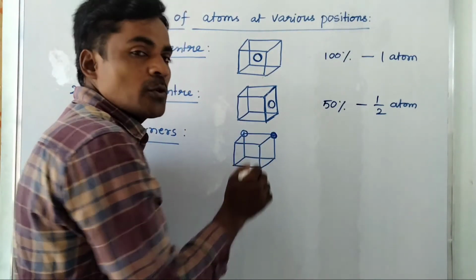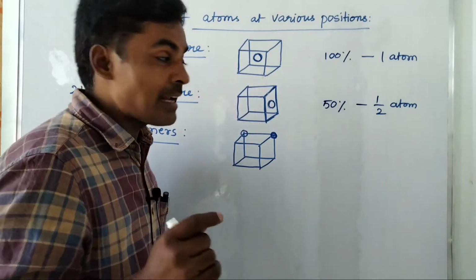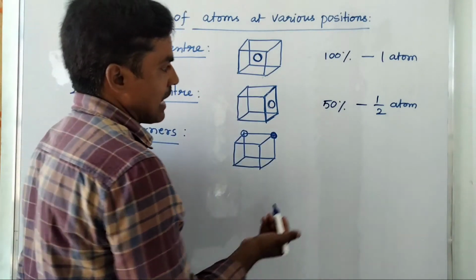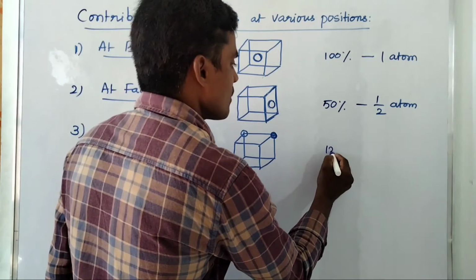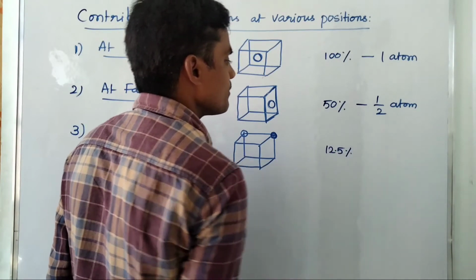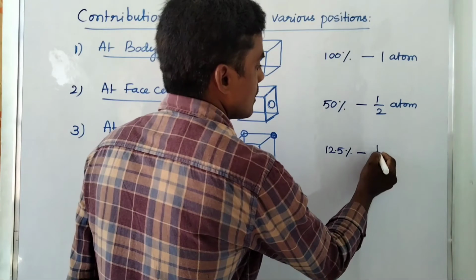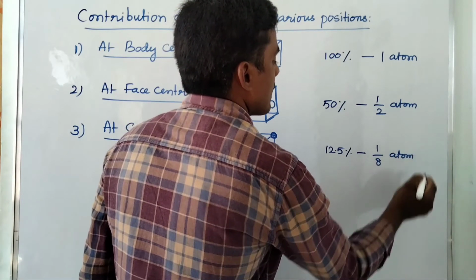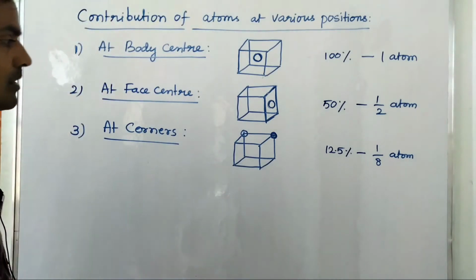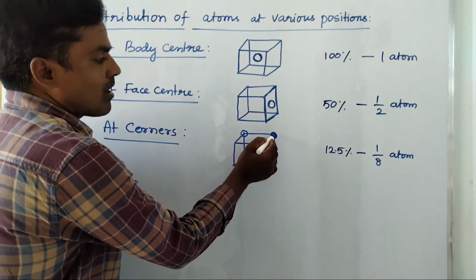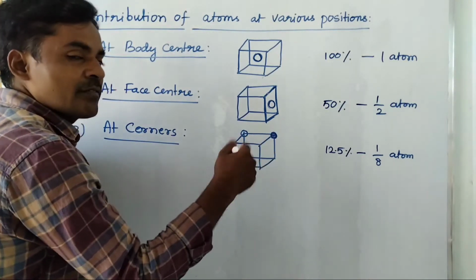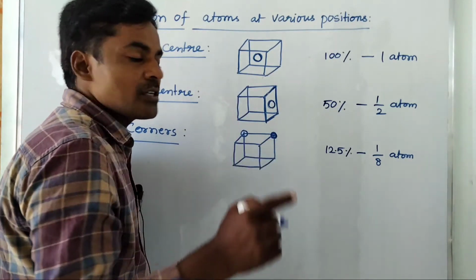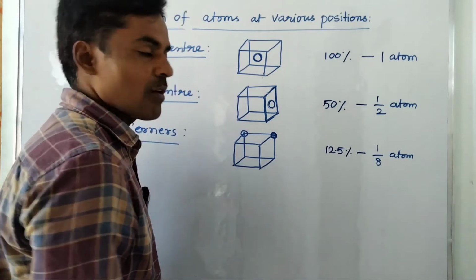Hence its contribution per unit cell is 1 by 8, that is 12.5 percent. That means it is 1 by 8 atom, because each corner atom is shared with 8 unit cells.